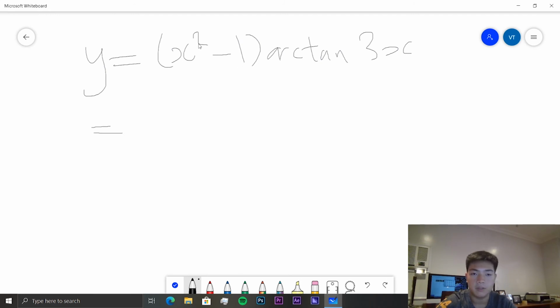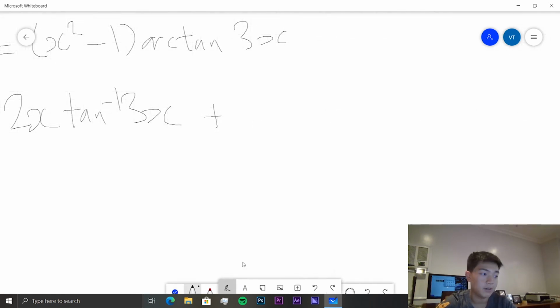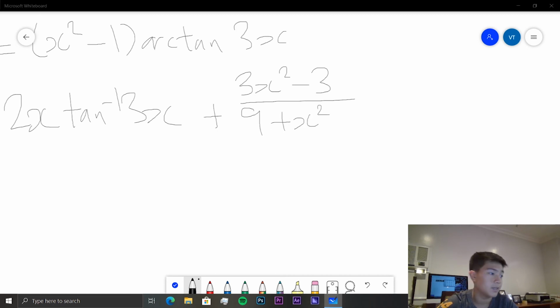So this is equal to the derivative of this, 2x, arctan 3x, plus the derivative of arctan 3x, which is equal to 3 over 9 plus x squared, times x squared minus 1. So we have 3x squared minus 3 over 9 plus x squared. So that should be the answer.